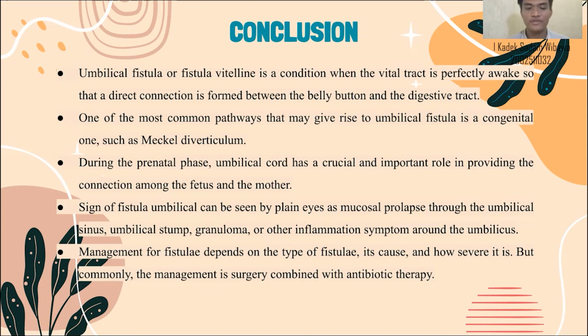Signs of umbilical fistula can be seen by the naked eye as a mucosal prolapse of the umbilical sinus, umbilical stump, granuloma, or other inflammatory symptoms around the umbilicus. Management for fistula depends on the type of fistula and how severe it is. But commonly, the management is surgery combined with antibiotic therapy.